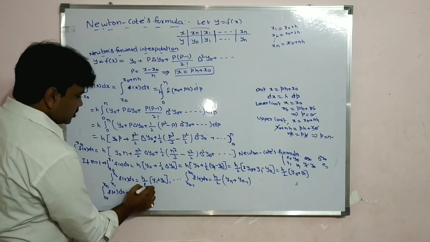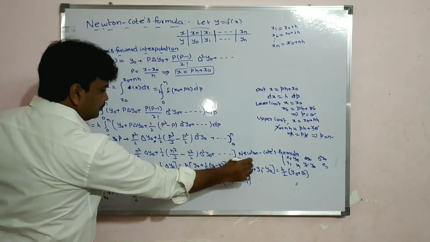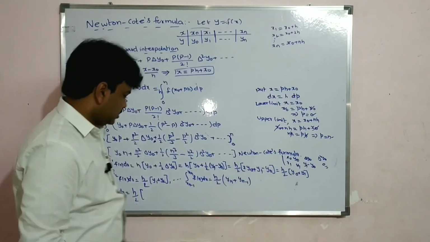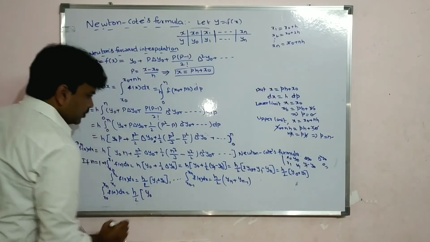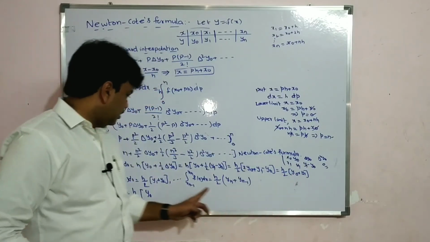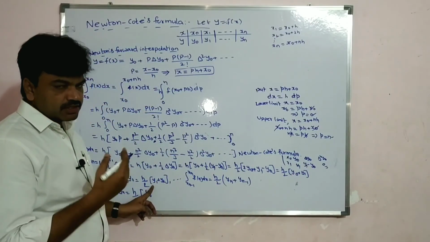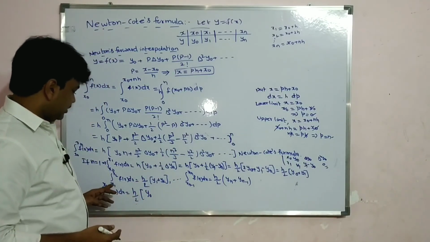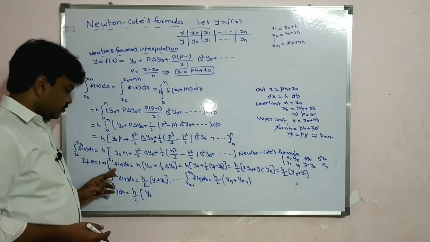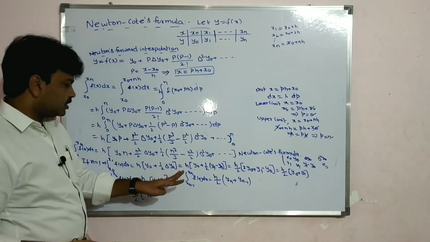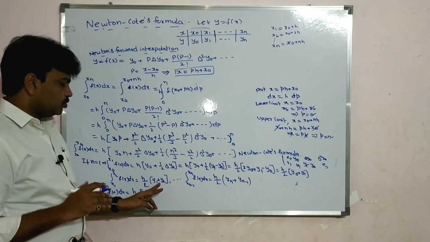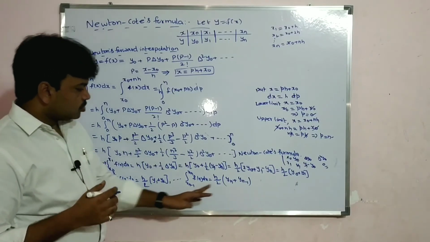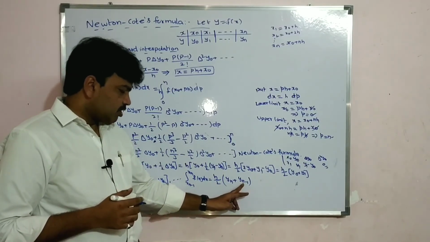What is the common factor, students? h by 2. So h by 2 into y naught, then y1 appears: how many y1s are there? 2. Similarly, if I evaluate the integral x2 to x3, we get y2 plus y3, so y2 appears 2 times, and so on up to yn minus 1, 2 times.